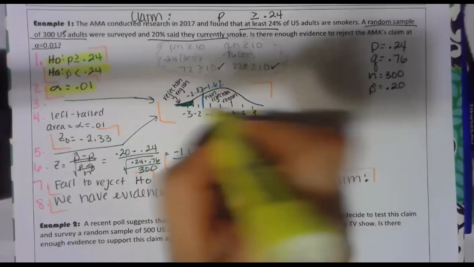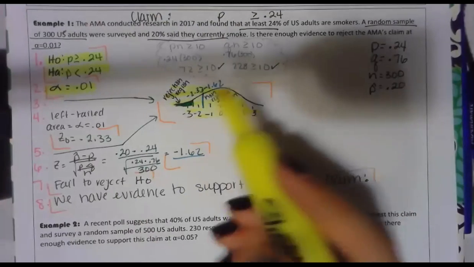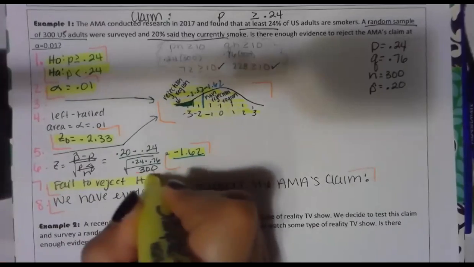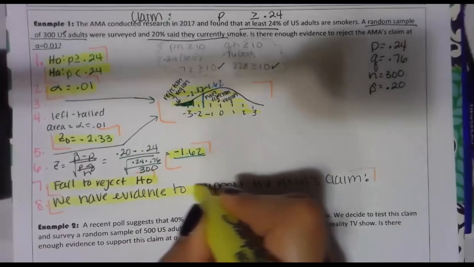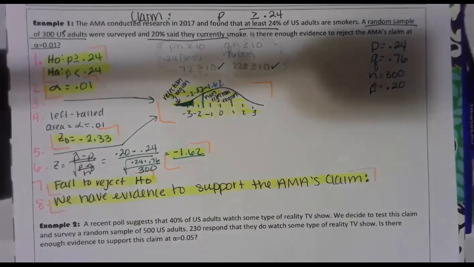I want this whole graph. I want it drawn. I want it shaded. I want to know what your critical value is. I want to know what you got for your test statistic. I want to know your decision, and I want to see that sentence. You could have finished this out to say support the AMA's claim that at least 25% of US adults are smokers. You could have finished that out.